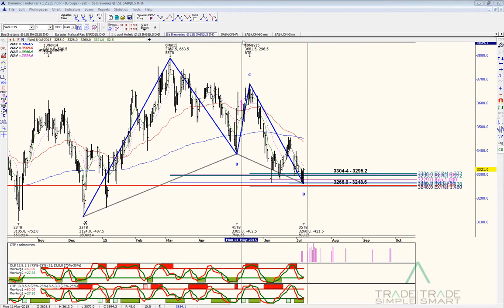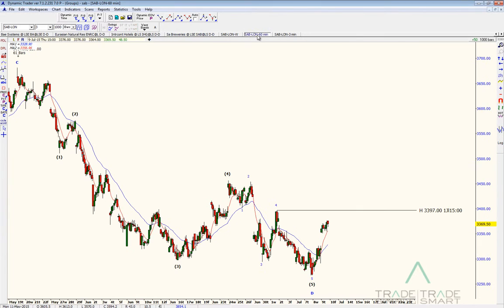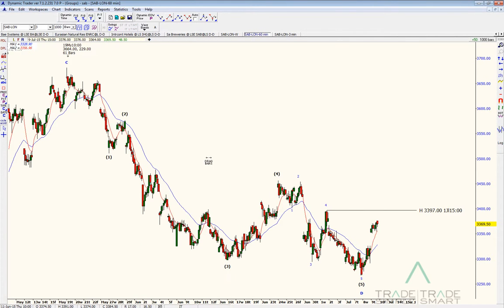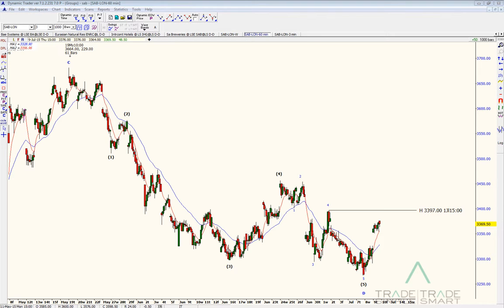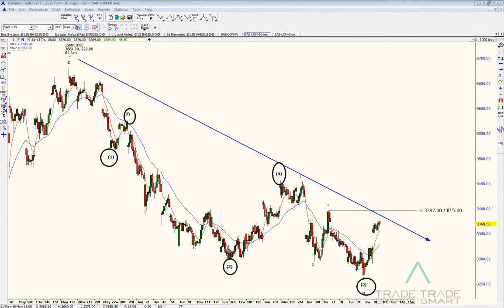So we're going to drop down to the 60-minute time frame, and what we've done here is we've isolated the CD leg of the Gartley pattern, and also we've applied our Elliott wave analysis to the price action. What we can see here is we've had 5 waves to the downside, which for those of you who study impulse waves will know, impulse waves will generally unfold in 5 waves.